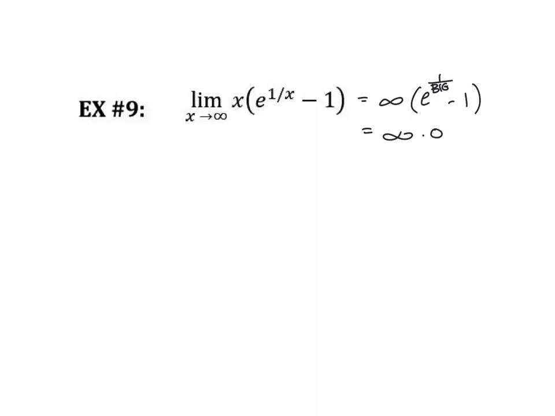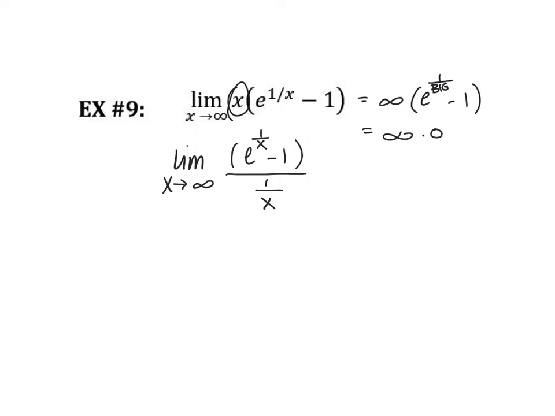So that's another indeterminate form. We need to try to get this to some kind of ratio. So a good candidate to move would be that one. So let's rewrite this to be the limit as x approaches infinity of e to the 1 over x minus 1, and then down here, x to the negative 1, or 1 over x, either way.